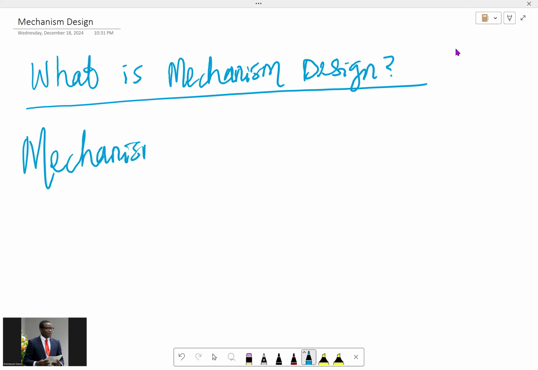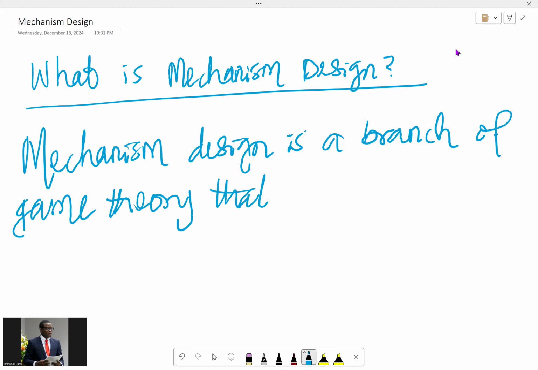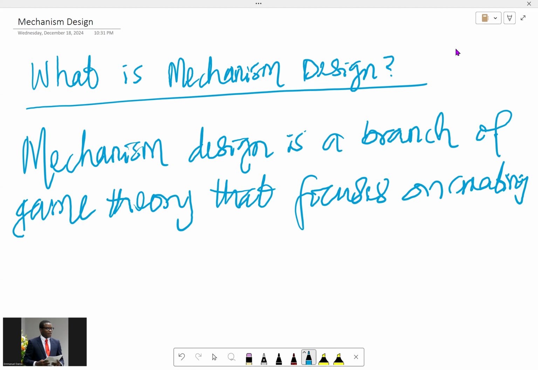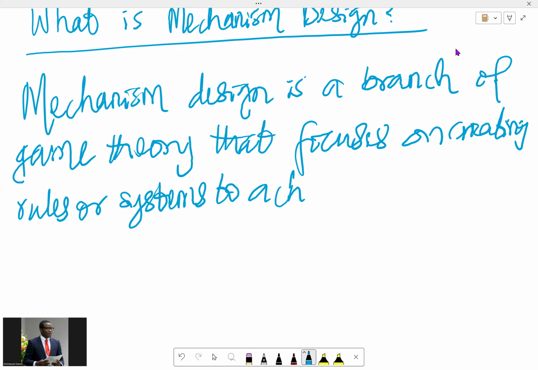Mechanism design is a branch of game theory that focuses on creating rules or systems to achieve specific objectives.